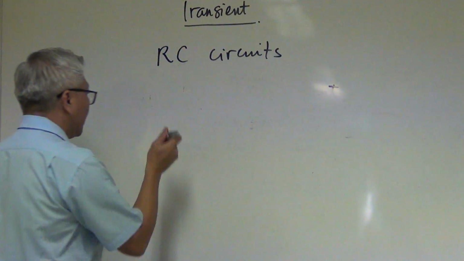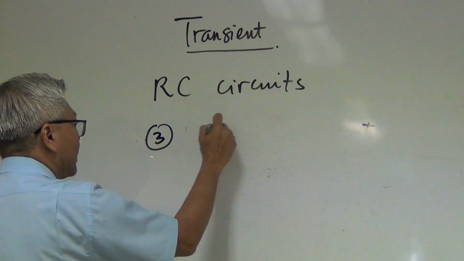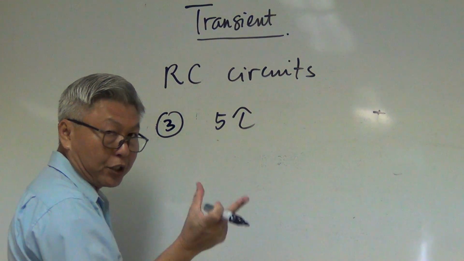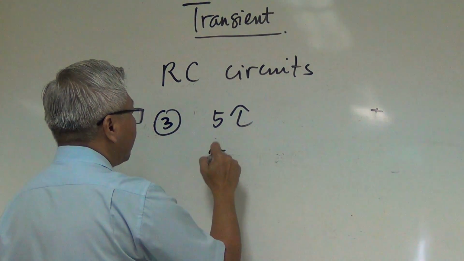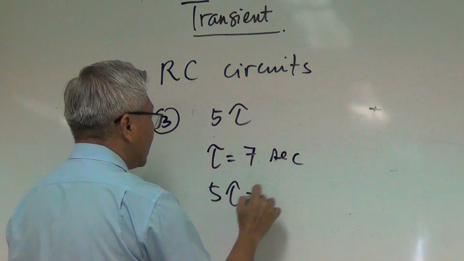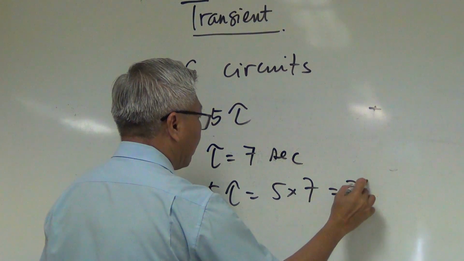The next thing I want you to know is about five time constant. Now, five time constant is actually a duration of time. Say, for example, if the time constant is equal to 7 seconds, then five time constant is equal to 5 times 7, that is equal to 35 seconds.